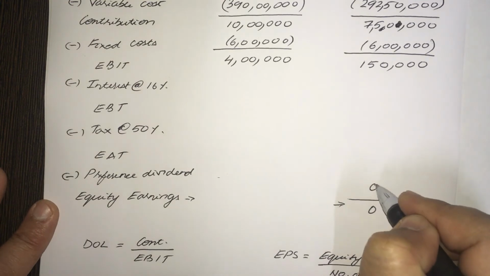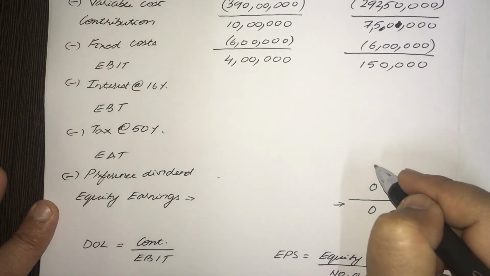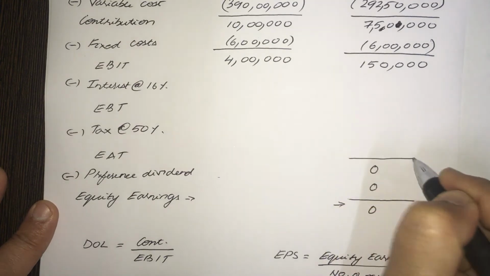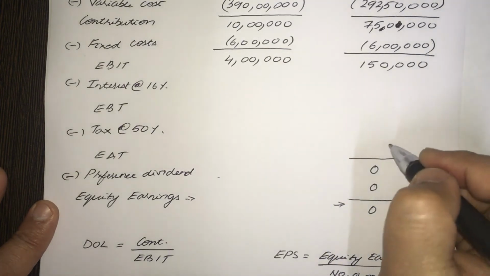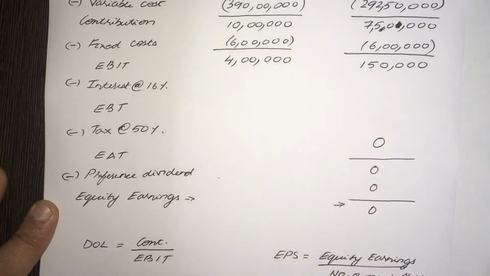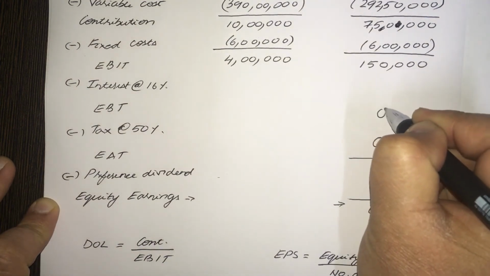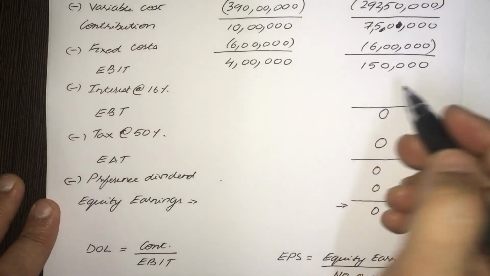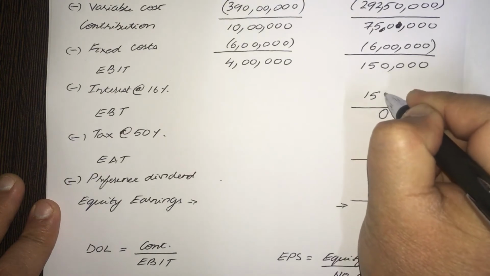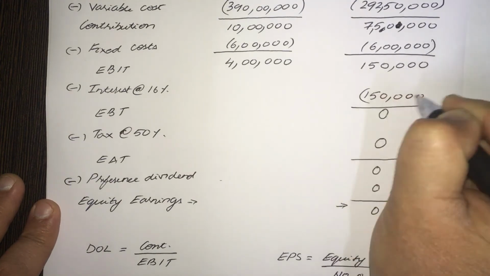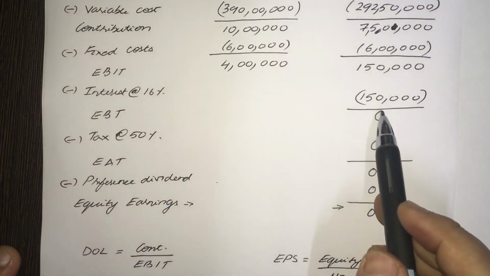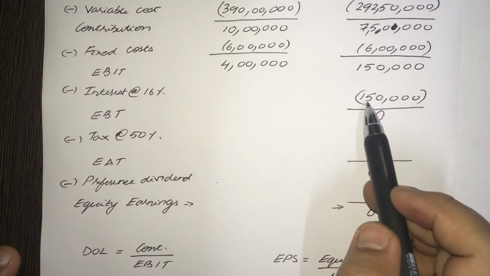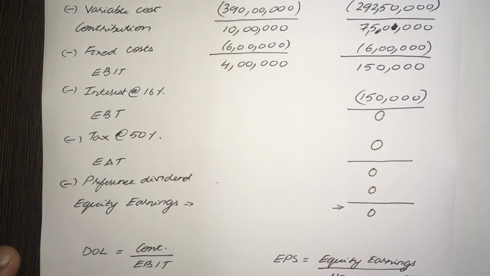When your preference dividend is 0, your EAT, earnings after tax, is also 0, your tax is also 0, and not only that, your EBT is also 0. So now the interest is 1 lakh 50,000, because 1 lakh 50,000 minus 1 lakh 50,000 will give you 0 here.